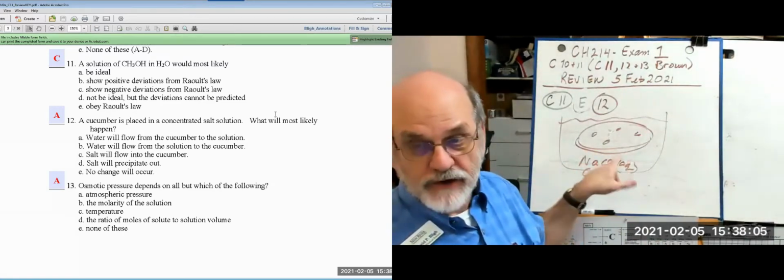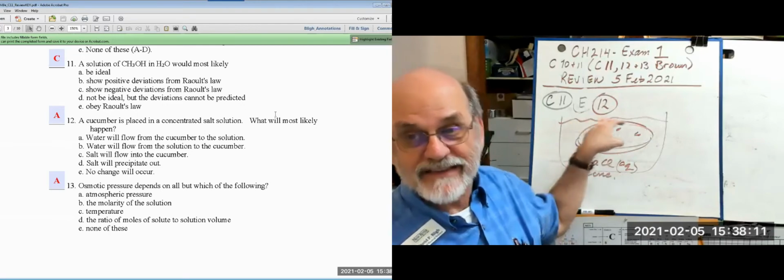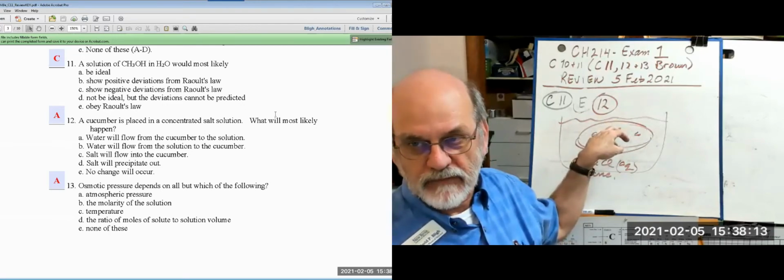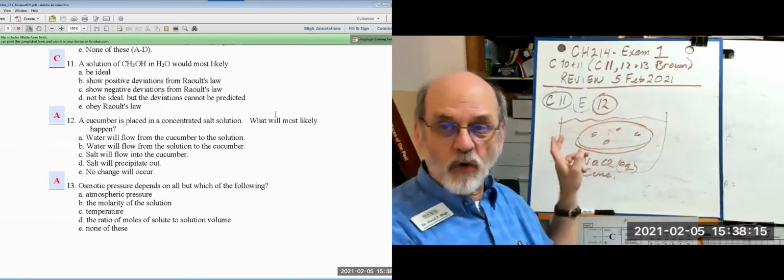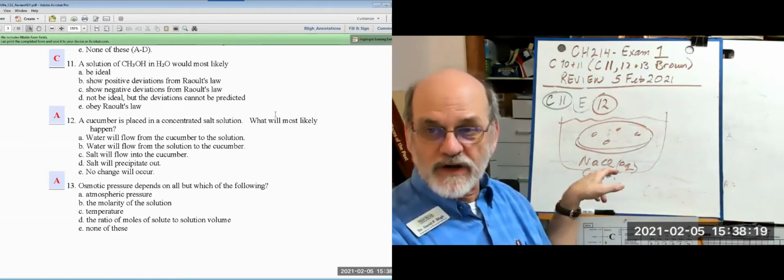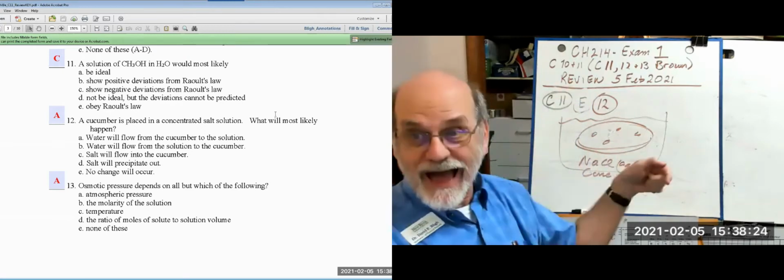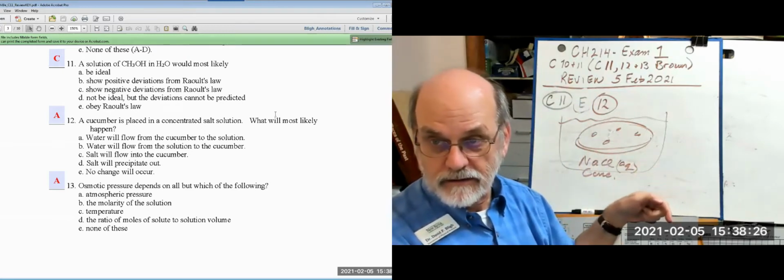Generally speaking, a concentrated sodium chloride solution is much more concentrated in salt than inside the cell. Another way of saying that is there's more water in the cells than there is outside. So which way is the water moving? Because it's the only thing that can move. It goes out of the cell, correct?